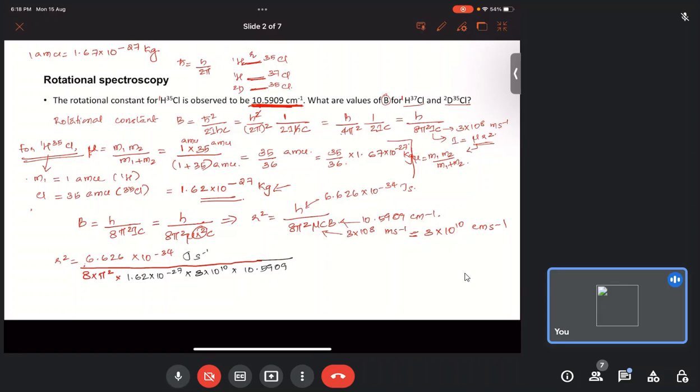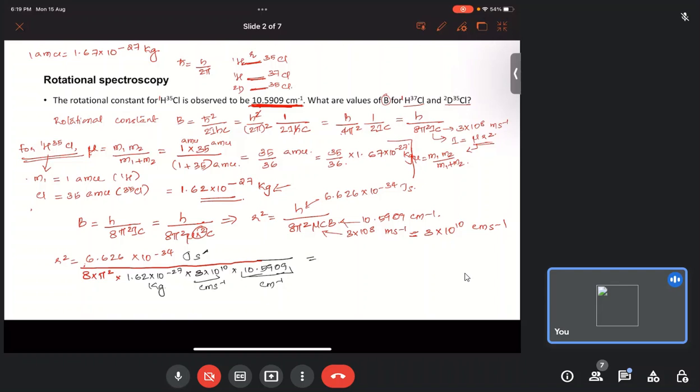and this is in joule seconds, sorry, this is in kilograms, and this is in centimeter second inverse. This is in centimeter inverse.